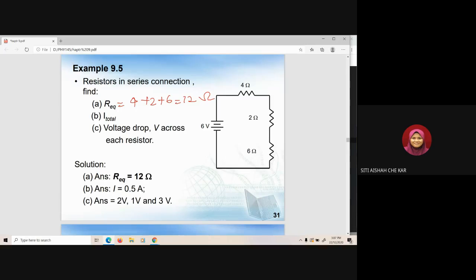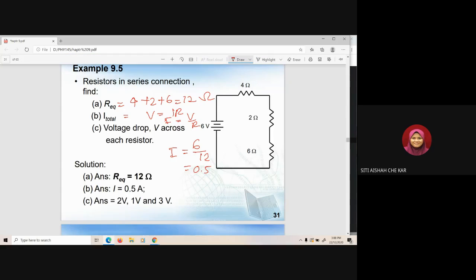I total: we know that V equals IR, so I equals V over R. So I equals V, which is 6, over R total, R equivalent is 12. So we get 0.5 ampere.